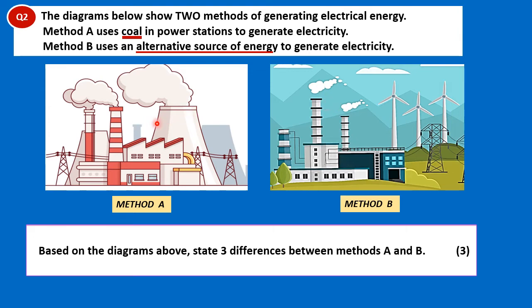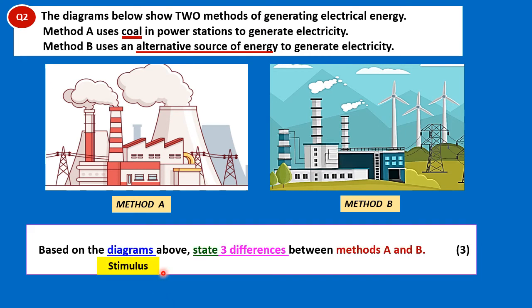Method A uses coal, method B uses alternative source of energy, which is actually wind energy, correct? Okay, so now analyze the question below. Based on the diagrams above, state 3 differences between methods A and B, which both generate electrical energy, as mentioned at the top here. So the diagram is your stimulus.